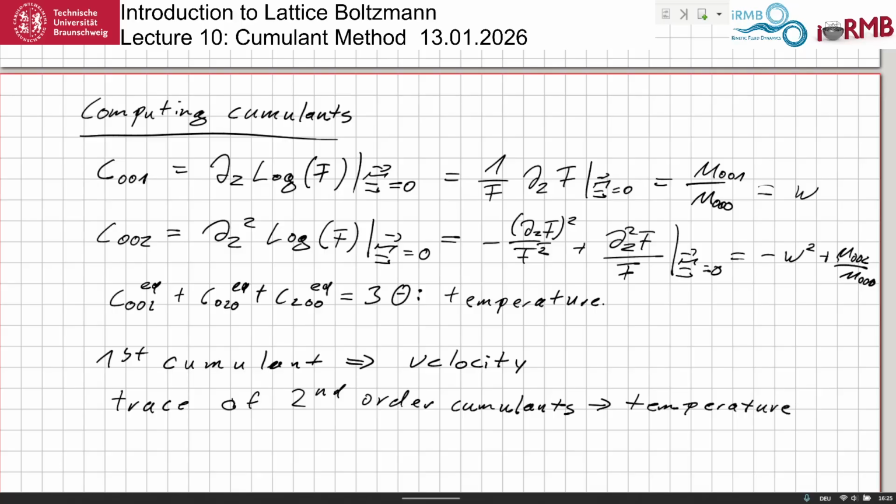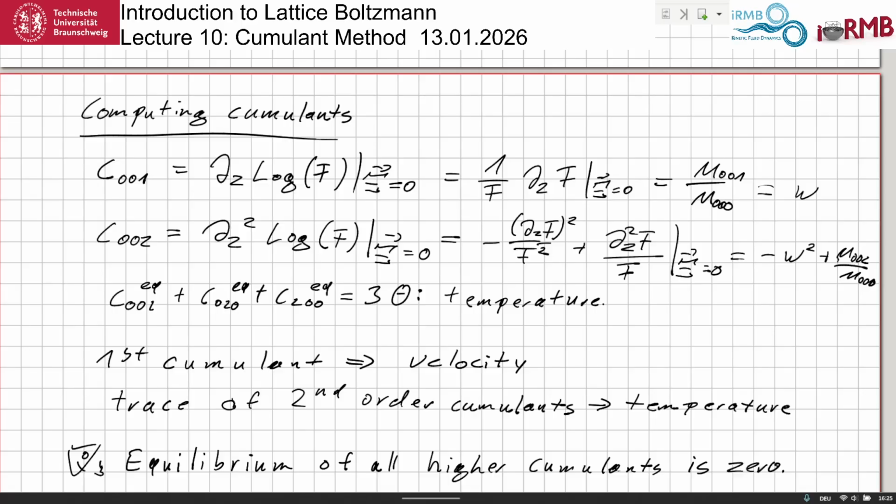Now there are infinitely many other cumulants, but what we observe here, and this is, I believe, a little bit controversial for a mathematical reason that I don't want to get into, in particular because I don't understand it, is that the equilibrium of all higher cumulants is 0.